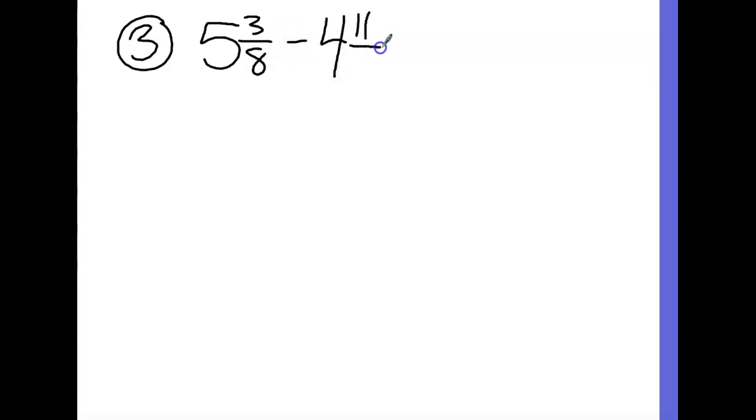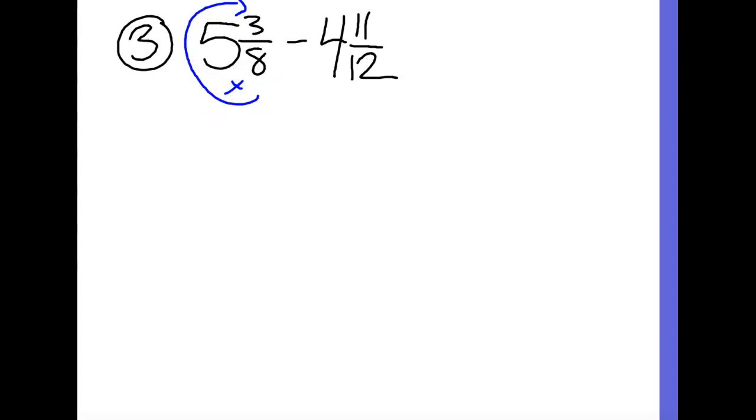Example number 3. 5 and 3/8 minus 4 and 11/12. Okay? I'm going to make them improper to start with. Multiply.